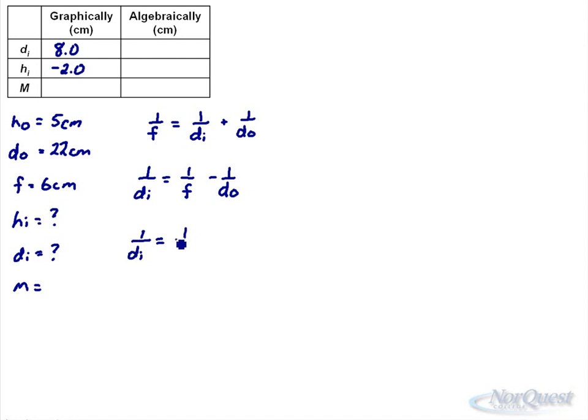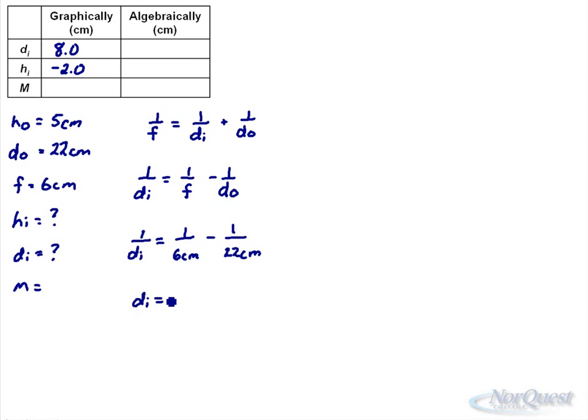1 over f is 6 centimeters minus 1 over do, which was 22 centimeters. So punch that in on your calculator. It's 1 divided by 6, subtract 1 divided by 22, get the answer, then reciprocal it.